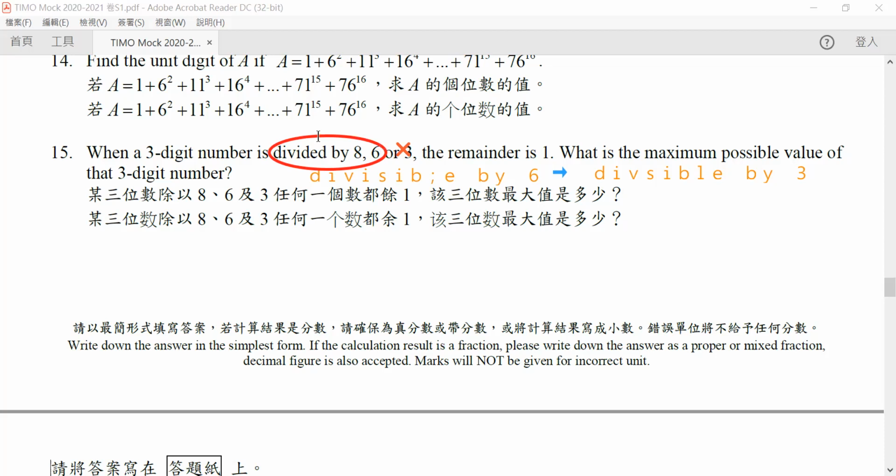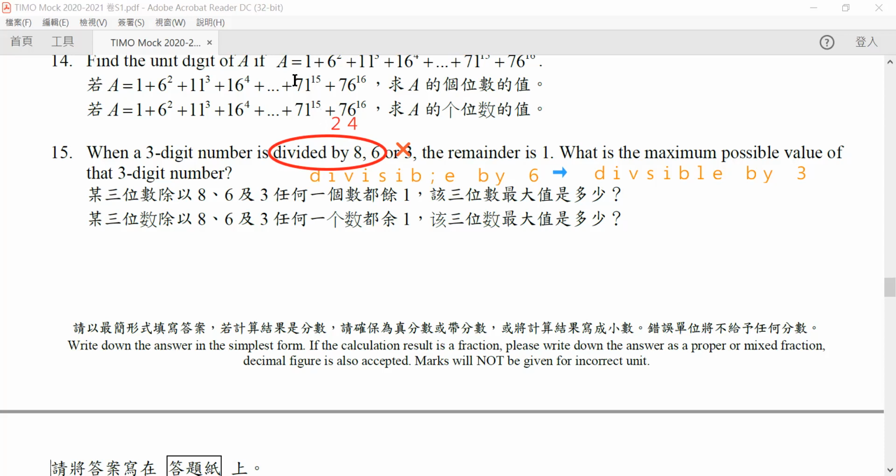The least common multiple of 8 and 6 is equal to 8 times 3 or 6 times 4, right? Which is equal to 24. So when a number is divided by 24, we know that the remainder is equal to 1.